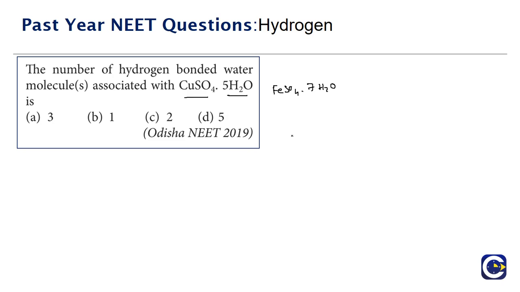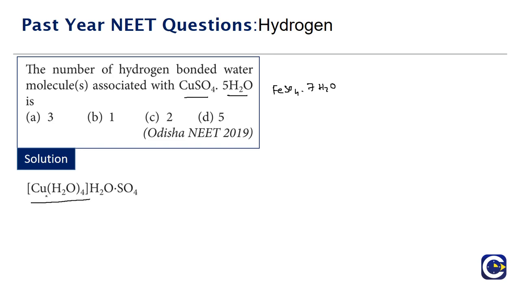We need to find how many number of water molecules are hydrogen bonded. So if you look at the copper sulfate dot 5H2O, it is a coordination complex, and the structure of the coordination complex will be represented like this.